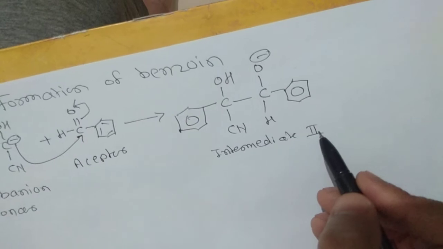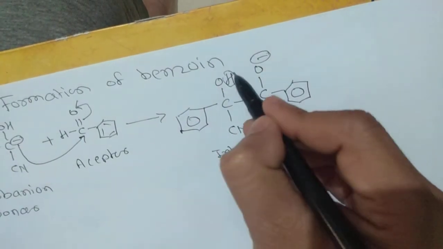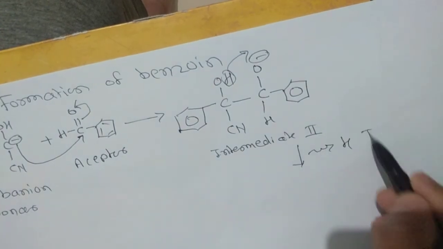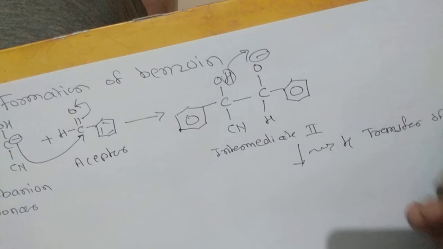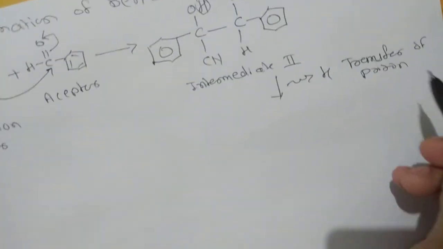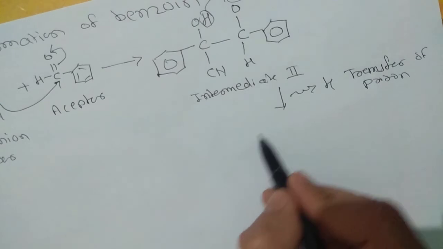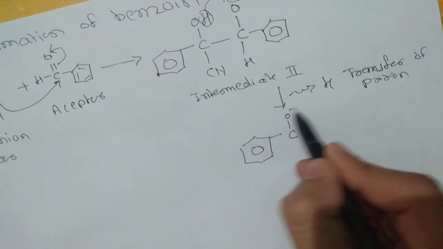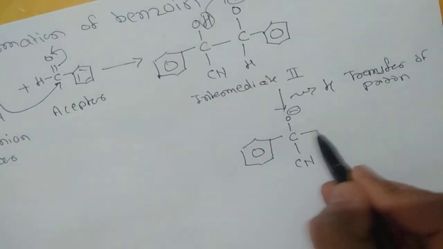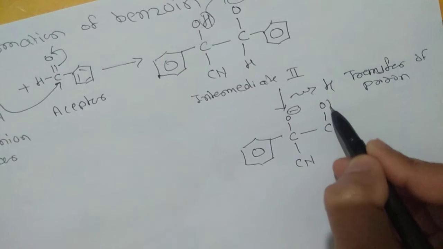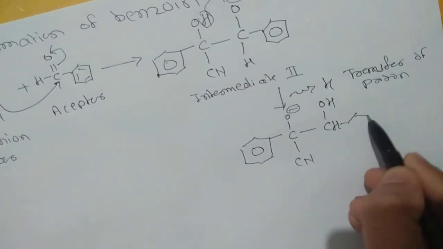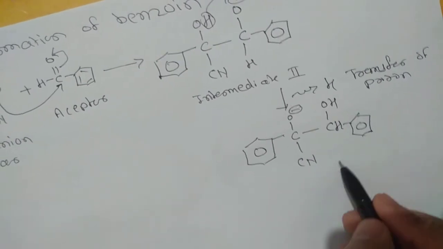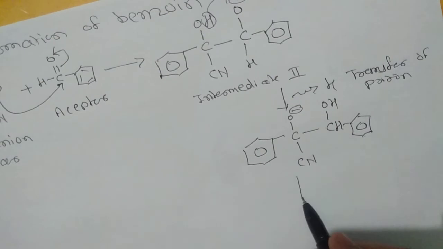Here the proton can be transferred to this site. The transfer of proton takes place to form this compound: C-O minus, cyanide ion, C-OH, and this is the benzoin intermediate, an alkoxide ion.